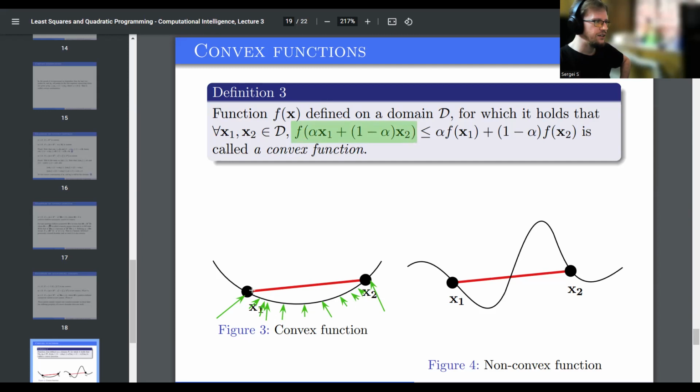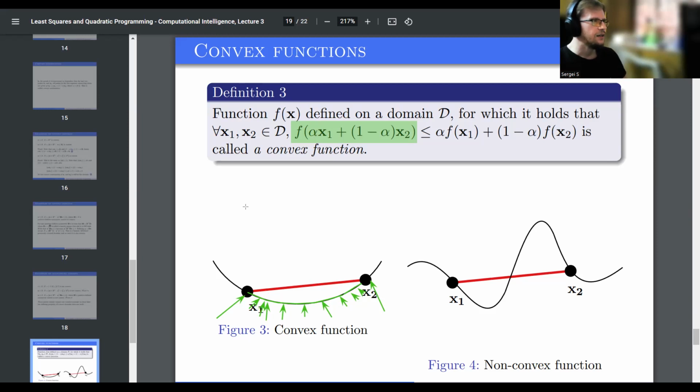So green is this line. I would even try to draw over it. The green is the function output when the input is a convex combination of x1 and x2. It's just part of the function. So you just slide x between x1 and x2 and you get this function.